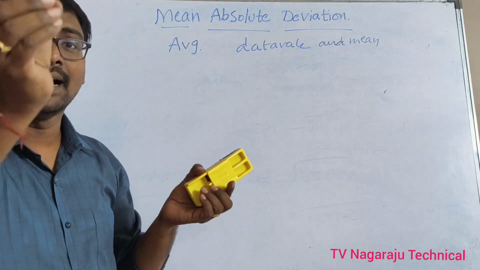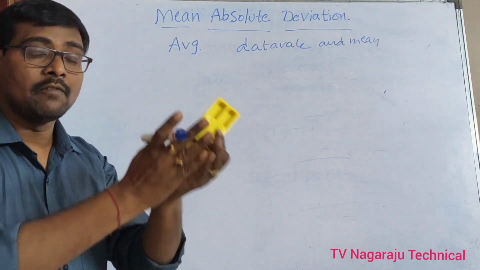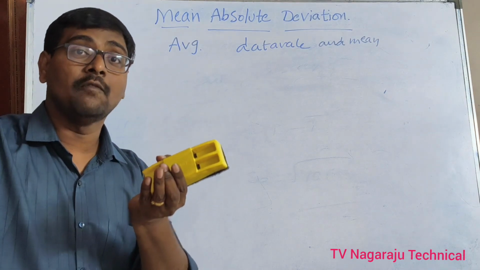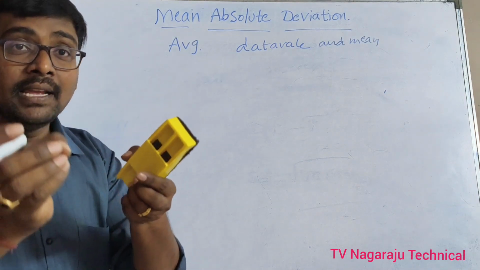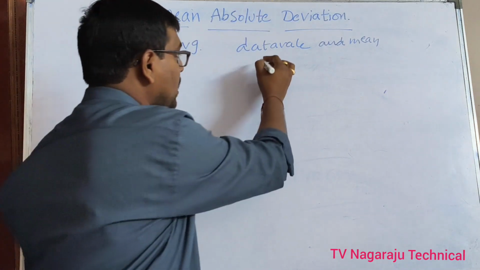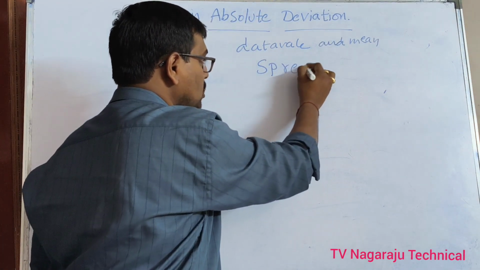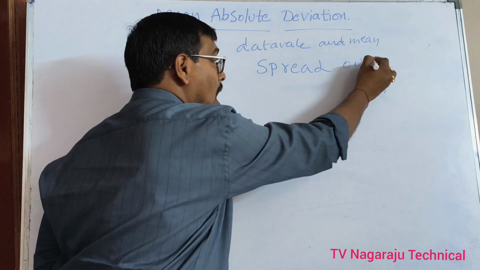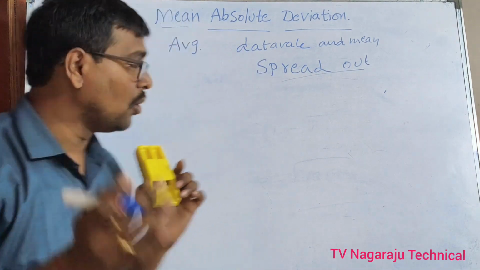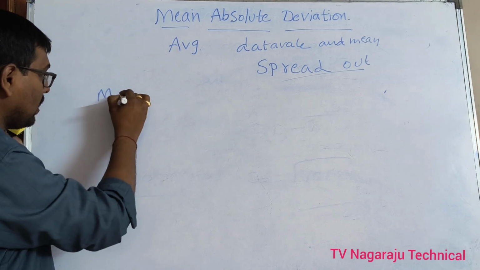That means the data is consistent. If the value is high, it means the data is far away from the mean. So the data is inconsistent. And this mean absolute deviation is also used to understand how spread out the data is in the data set.